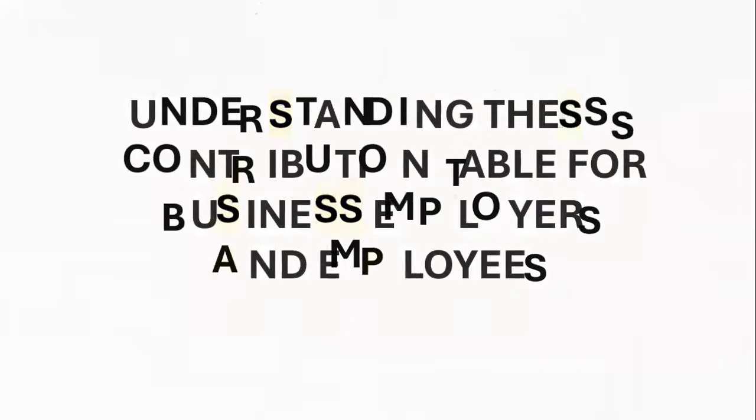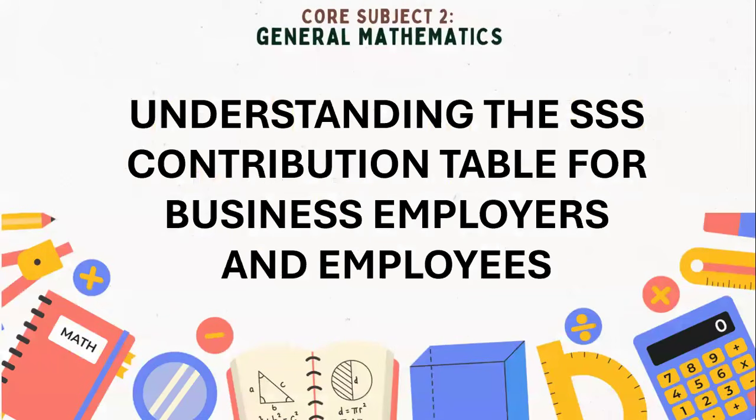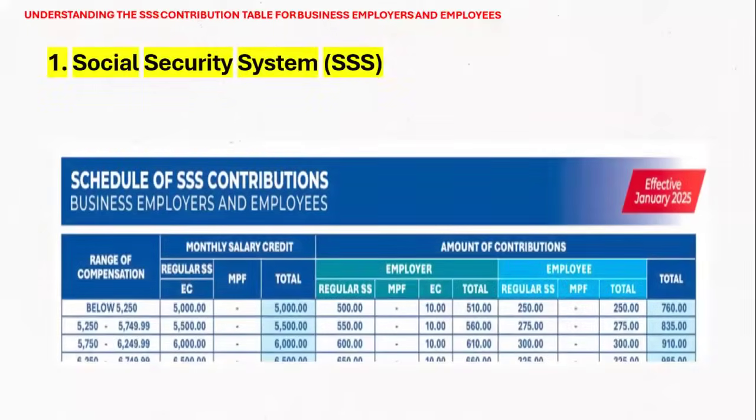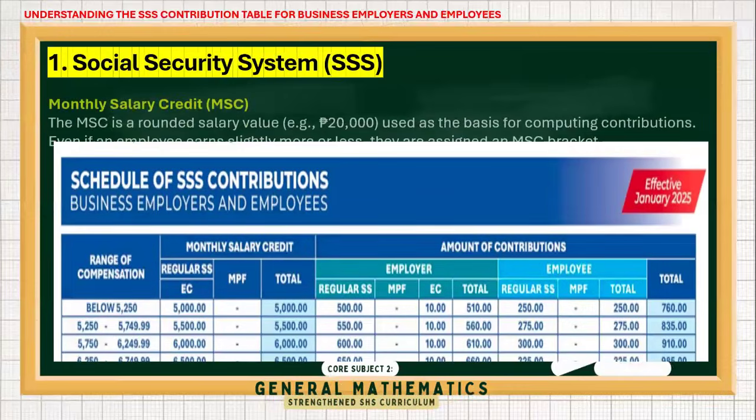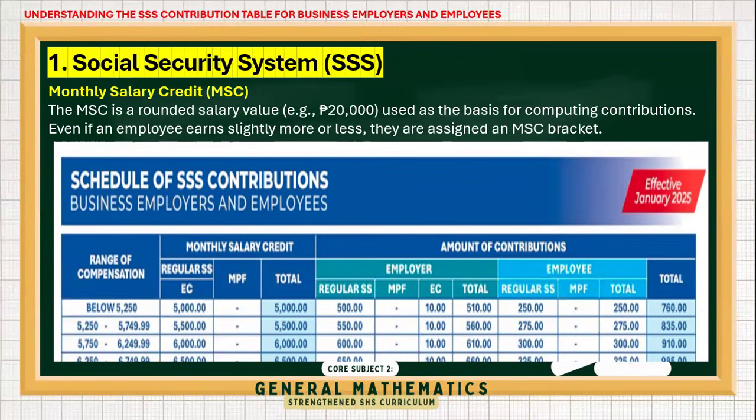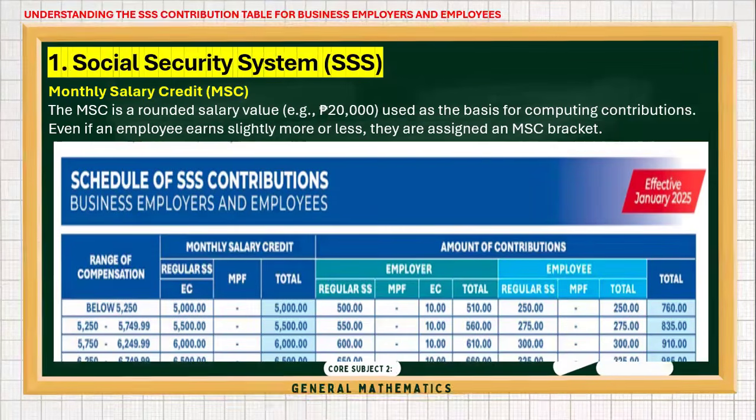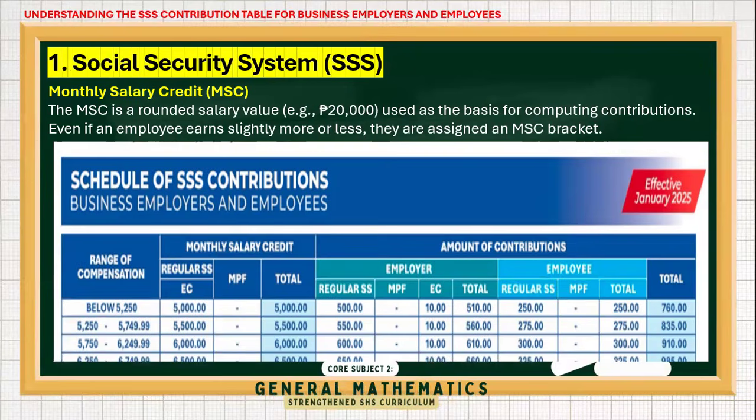Now, to better understand the SSS contribution table for business employers and employees, let's talk about some important key terms. First is the MSC, or the monthly salary credit. When we talk about the SSS contribution, you don't use the exact monthly salary.